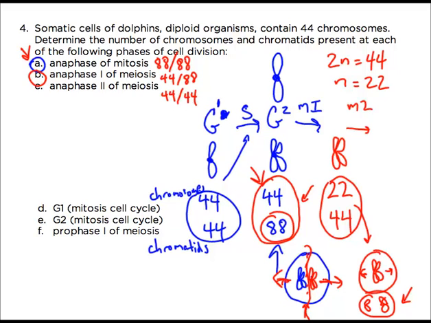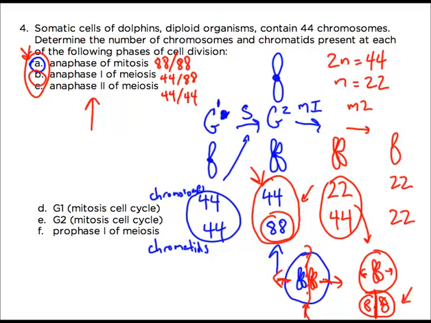And just to finish this off, after meiosis 2, after this cell totally separates, we're going to be down to 22 chromosomes, with only 22 chromatids, each chromosome composed of one chromatid. They didn't ask us that one; I'm just trying to finish the logic of it. All this discussion is taking quite a while, but I think it's going to be easier to do the rest of the problems having done this. So with A, B, and C, they all asked us about anaphases of different things, of mitosis, meiosis 1, and meiosis 2.